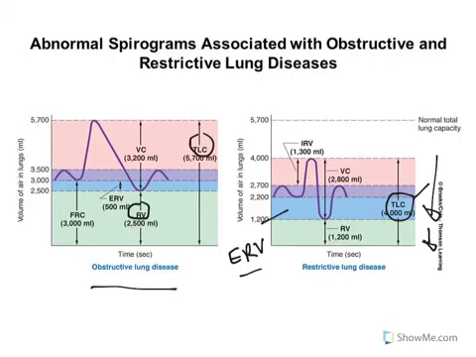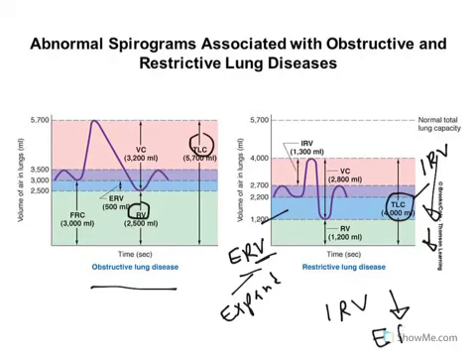It will be high because the lungs are very stiff and unable to expand and contract properly due to, as we said, lung fibrosis or whatever. So the lung cannot expand, so that will affect the IRV. When we compare IRV to ERV, IRV is low, while ERV is high.